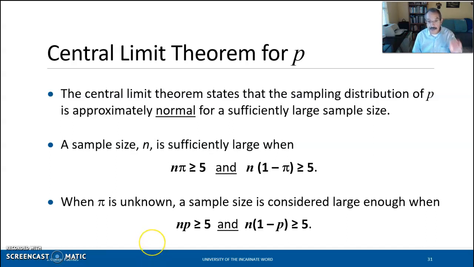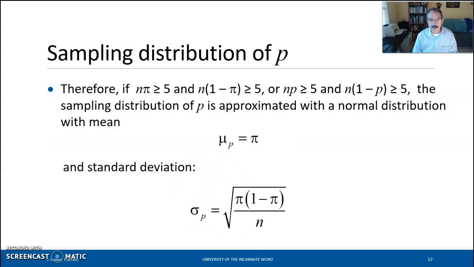So if you're dealing with the sample proportion and you want to find the sampling distribution of the proportion, you need to verify these conditions to ensure that it is normal.